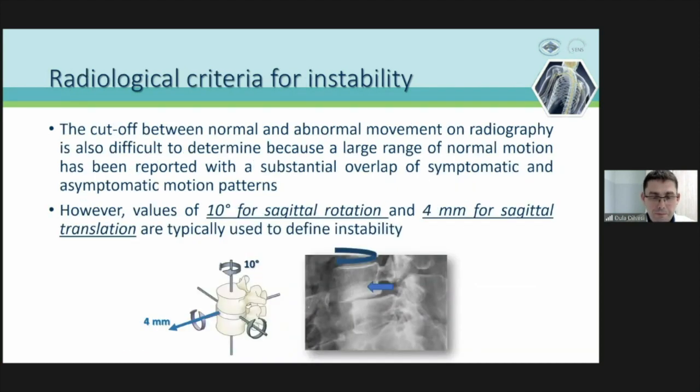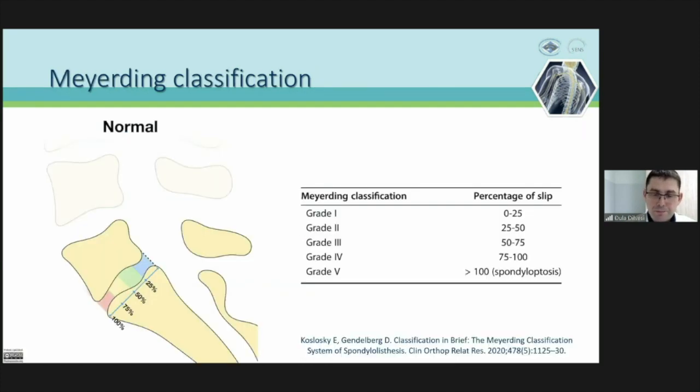The cutoff between normal and abnormal movement on radiography is also difficult to determine because a large range of normal motion has been reported, with a substantial overlap of symptomatic and asymptomatic motion patterns. However, values of 10 degrees for sagittal rotation and 4 millimeters for sagittal translation are typically used to define instability of the spinal segment.